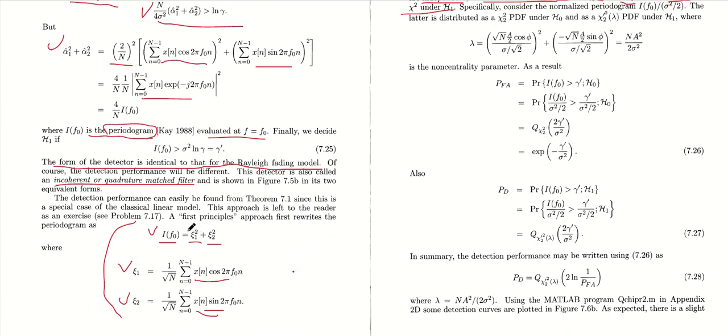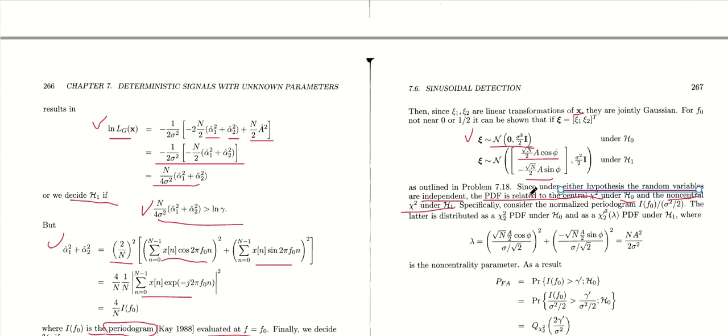So whenever we talk about them being Gaussian, then you take the square, you take the sum, then you get chi-square. Recall that chi-square, where does it come from? It comes from Gaussian square, right?